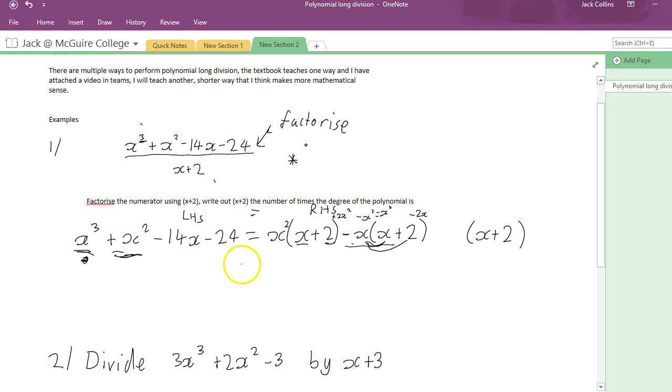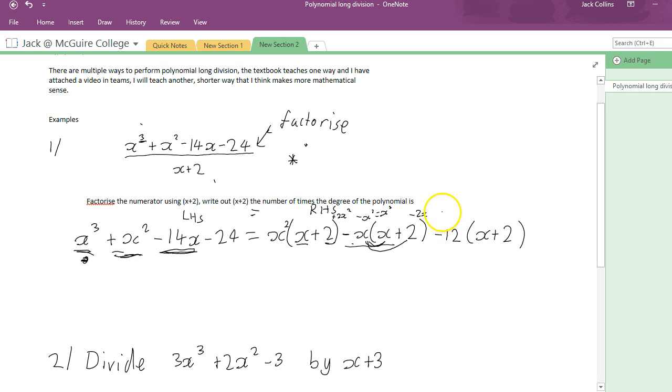Now what we want to end up with in our x column is minus 14x. So we need to sort that out with our next bracket. We've got minus 2x and we want to get to minus 14x. To get there we'd need to take another 12x away.